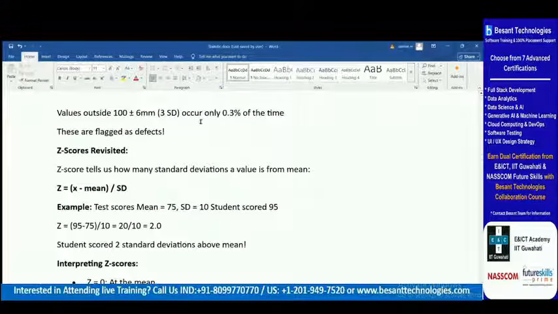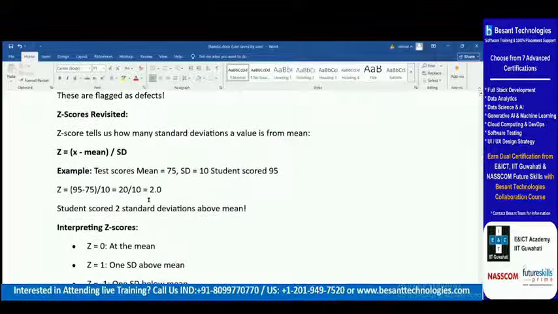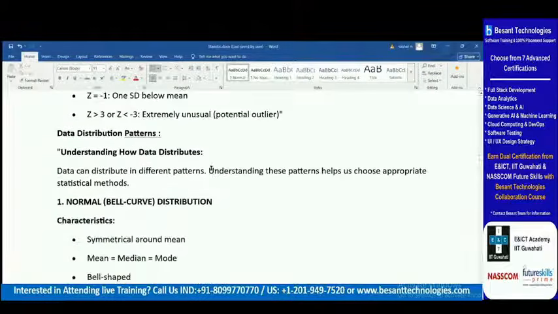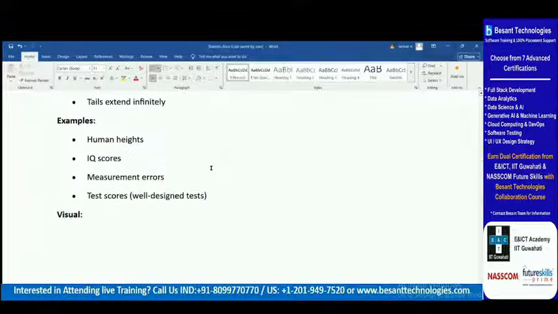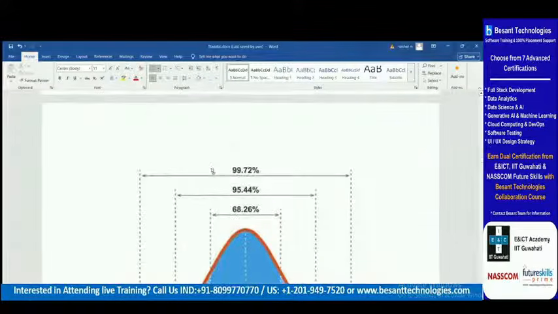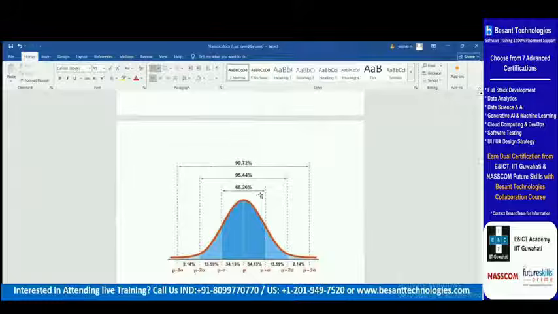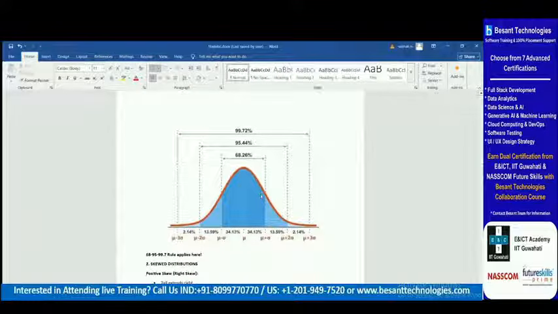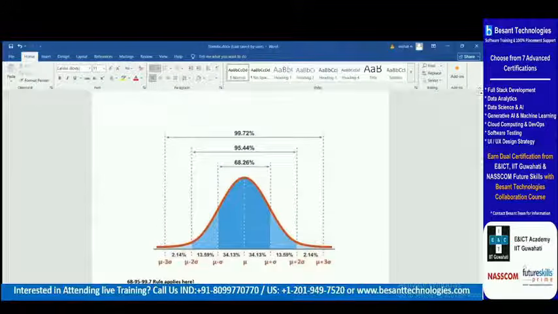In normal distribution, we calculated the z-score, no? So I've given one more thing. All this we saw already. This is my bell-shaped curve for my normal distribution.